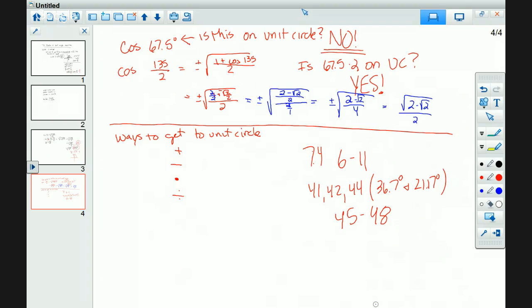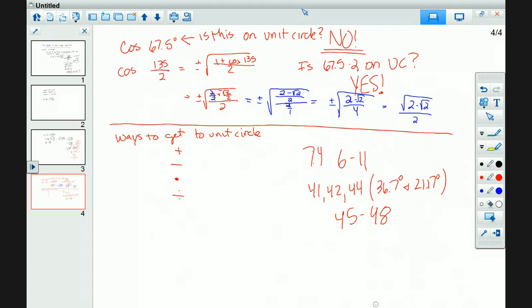How do you get the 2 on the top and bottom, but there's no 2 on the square root of 2? The square root already has a 2 under it.